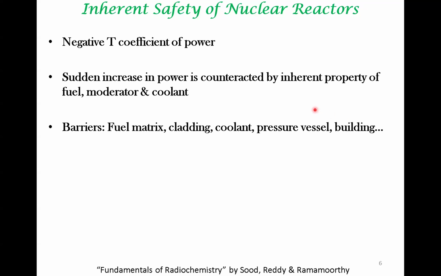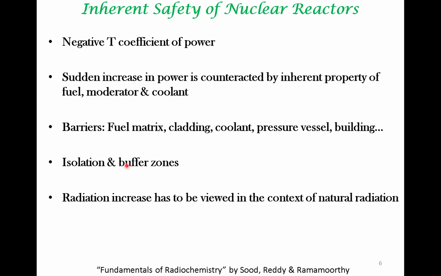So many of the safety aspects that you deal with in setting up a chemical reactor are also applicable, in fact applicable to a greater extent, in a nuclear reactor setting. So there are these isolation zones and buffer zones between dense population and the nuclear reactor.